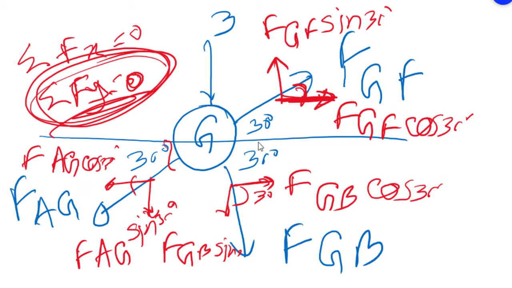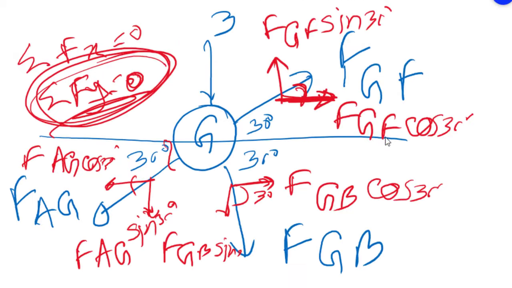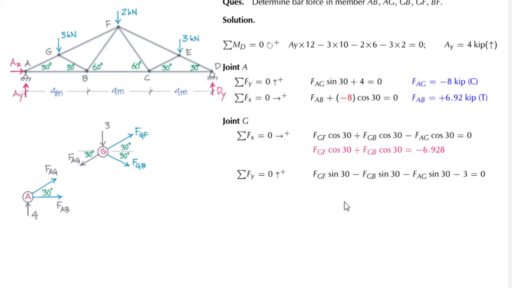So look at this figure: FGF, FGB and FAZ. These two forces are on the right side of the x-axis. That is why this is positive, but this is negative because this is on the left side. So we can write this.